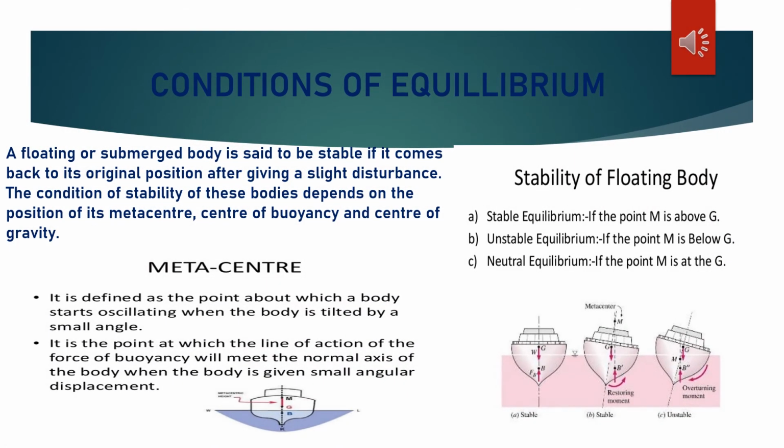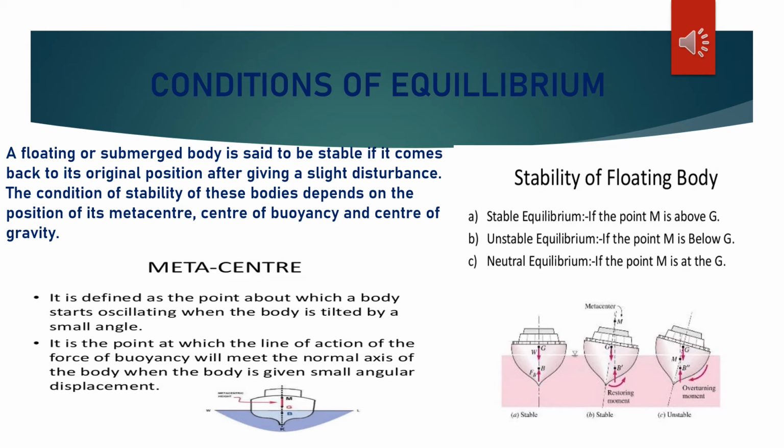Now, conditions of equilibrium of a floating body. A floating or submerged body is said to be stable if it comes back to its original position after giving a slight disturbance. The condition of stability of these bodies depends on the position of its metacenter, center of buoyancy, and center of gravity. Center of buoyancy and center of gravity have already been discussed.